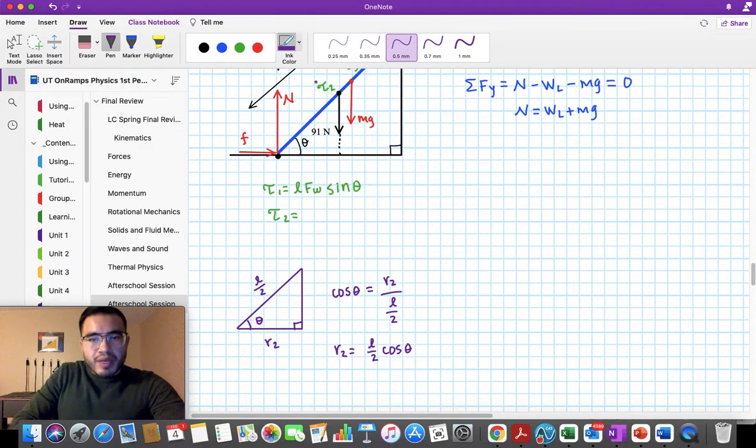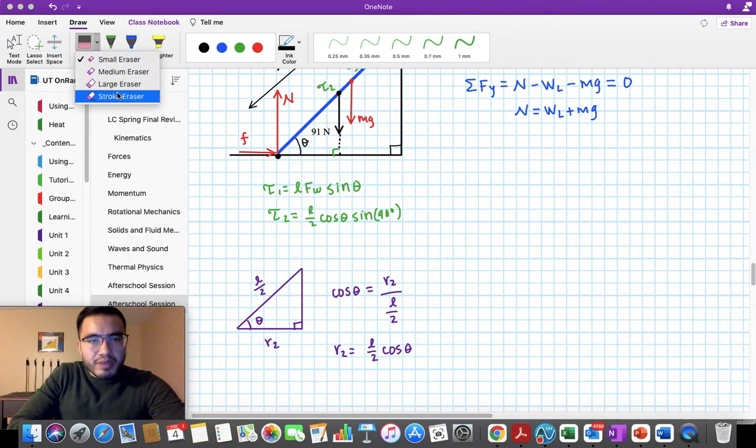Okay, so now I can write L divided by 2 cosine of theta. Because the force vector is directed in this direction, this is my radial axis. So the force is directed here, and then you see that 90-degree angle. So in this case, it would be times the sine of 90 degrees. But we know this is 1, so I don't need it, truly. So I'm just going to erase it.